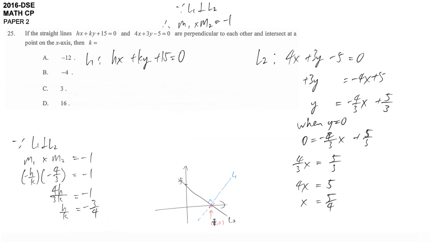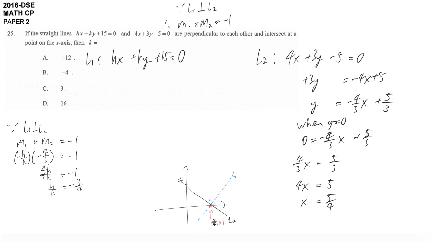Now we are going to combine the information together. If we continue, h is equal to -3 over 4 times k. In this equation, I don't want h. I want to express this in terms of k. We have -3 over 4 k times x.